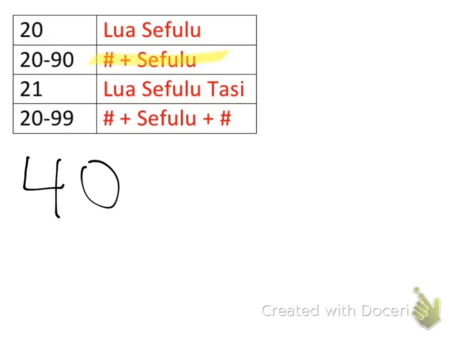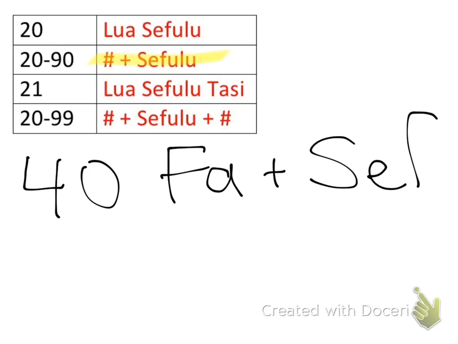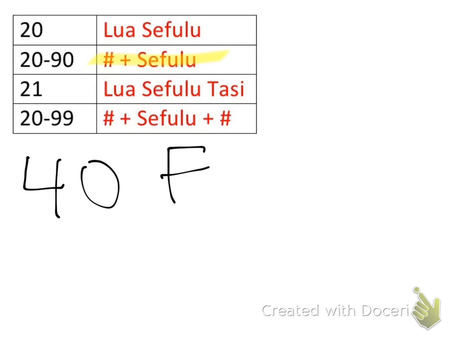40 through 90. So 40 here, what's basically my number for 4? Well, if you remember and memorize the 1 through 10, you remember that the number for 4 is fa, so fa here, and then I just add a sefulu again, okay? So my sefulu, I'm just going to write a SEF right there. Hopefully you remember that means sefulu. Awesome. Okay, so let's work on 50.